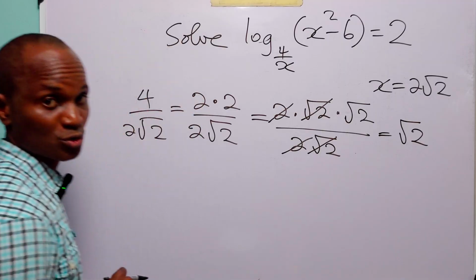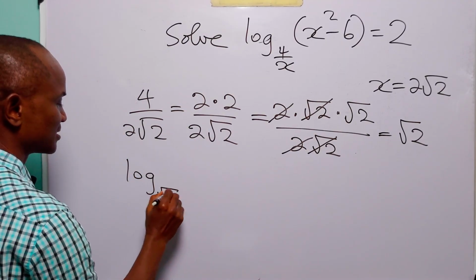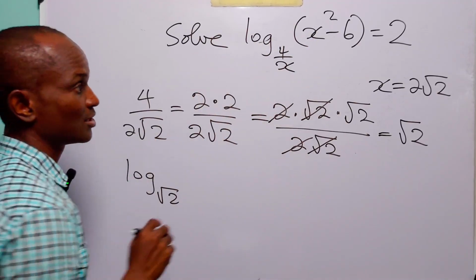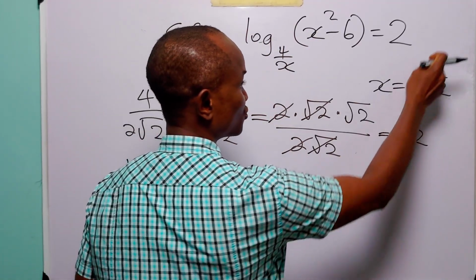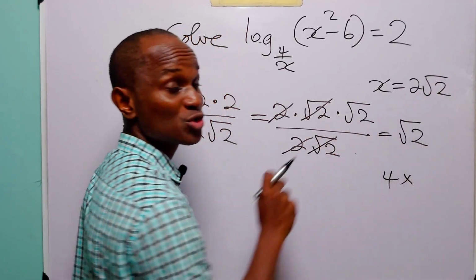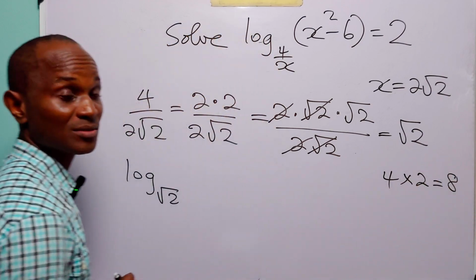root 2. So now we have log to base root 2 of, here we have x squared. So let us square this. We have 2 squared, which is equal to 4, multiplied by root 2 squared, which is equal to 2. And of course, this is equal to 8.